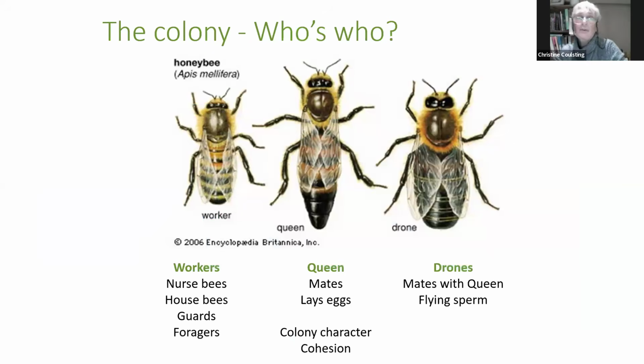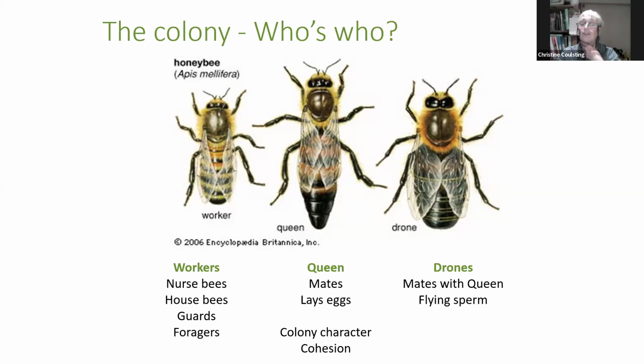Okay, so just a few basic reminders, really. The colony who's who, so we've obviously got workers, queen, and drones. You will need to remember their basic roles within the colony. We'll go through the workers' age-related behaviour shortly.